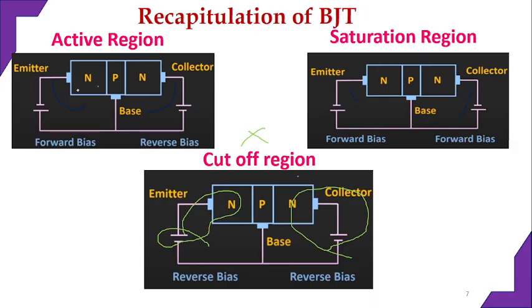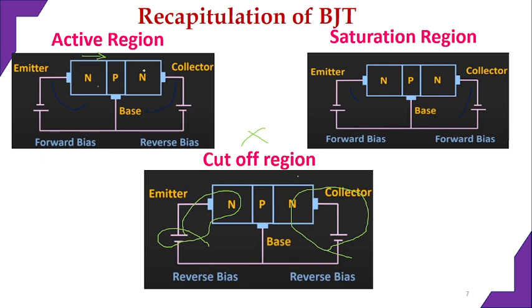Whereas, if we look at the active region, the input junction is forward biased and the output junction is reverse biased. Since these two are negative, the electrons will have a tendency to move towards this p-type material. Similarly, this is n-type material and this is the positive terminal.